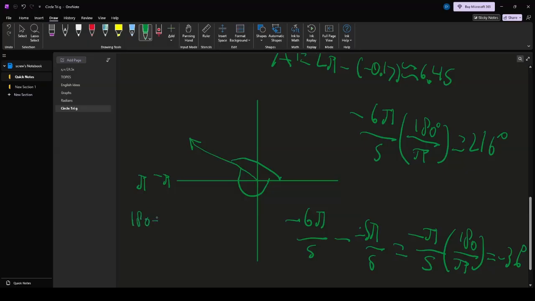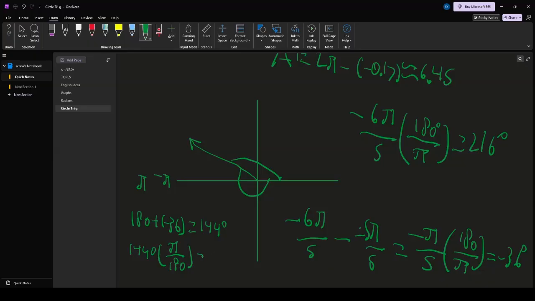So 180 plus negative 36 equals 144 degrees. And then obviously to convert that to radians, we'll take 144 degrees and multiply it by pi over 180.